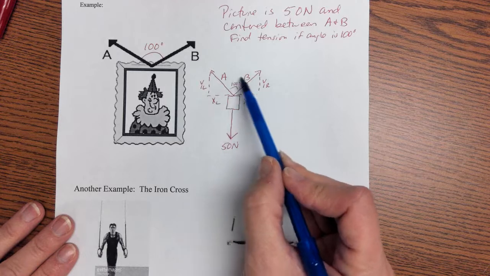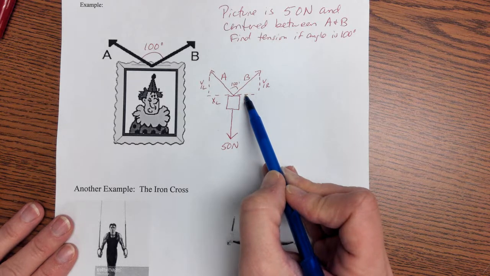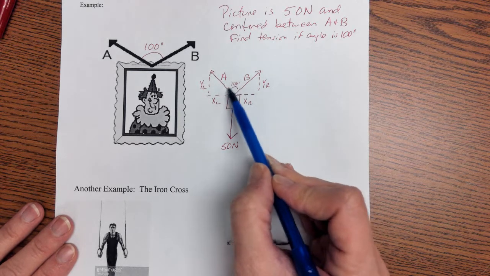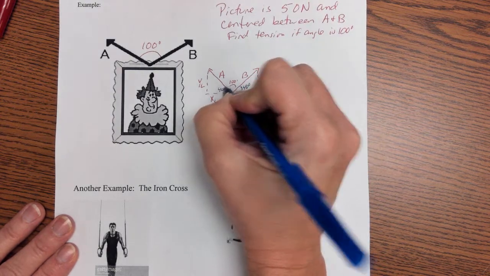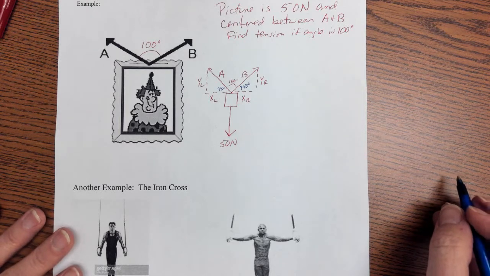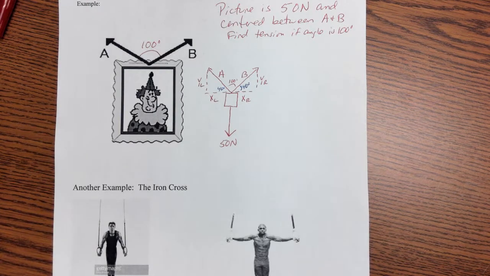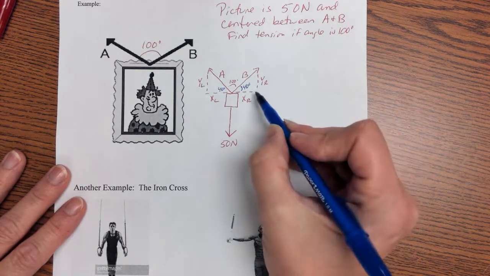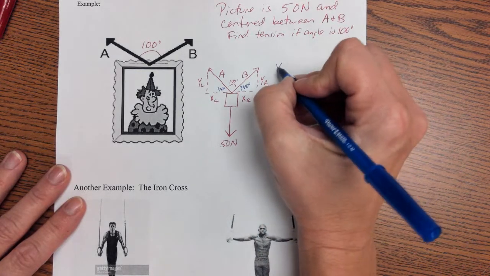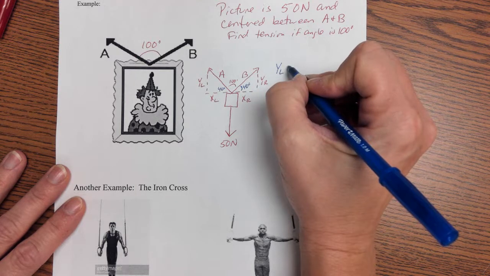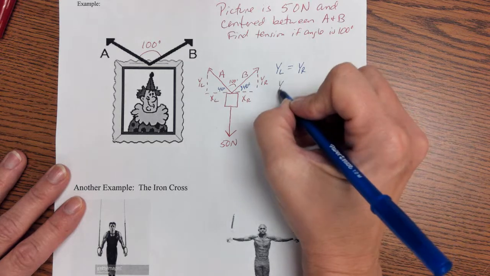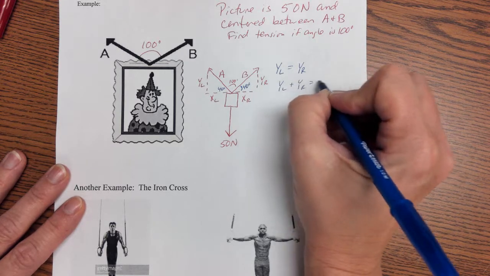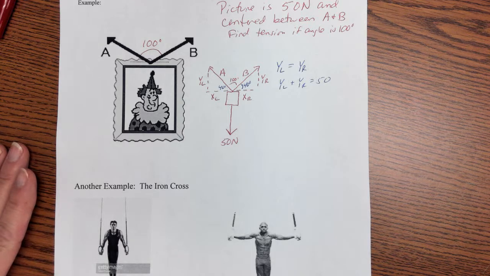We know from here to here is 180, and if this is 100 of it, this is 40, and so is this. Okay? All right. So now all we know is an angle. But we know the triangles are similar, so the y on the left equals the y on the right, and we know that they add up to be 50 newtons.